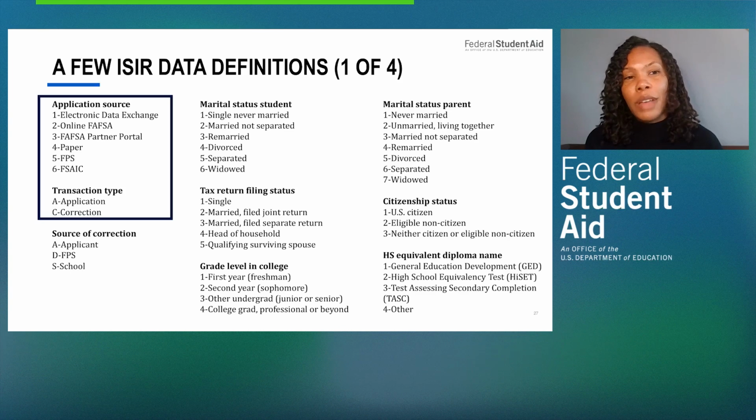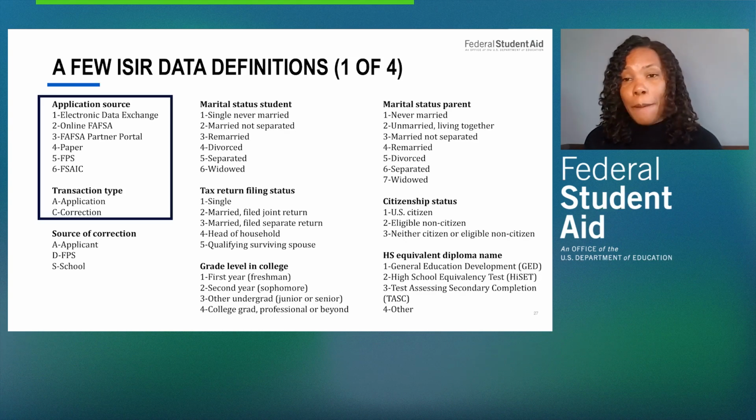But I'm also going to highlight, like in the box there on the screen, some of the ones I want to point out specifically. One I wanted to point out specifically is the application source. Application source tells you how the student submitted the FAFSA. So for example, application source 4 is a paper FAFSA. Application source 3 is FAFSA Partner Portal. Application source 2 is the one you're going to see most often, which is an online FAFSA.